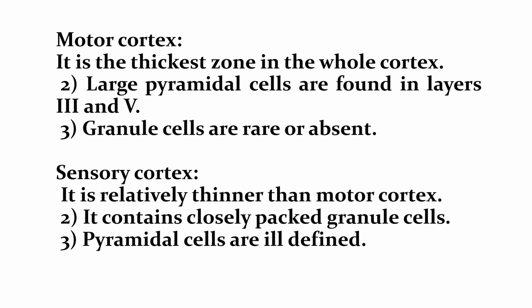Motor cortex is the thickest zone in the whole cortex, containing large pyramidal cells which are found in layers 3 and 5, and granule cells but very rare or maybe absent. As regards sensory cortex, it is relatively thinner than motor cortex. It contains closely packed granule cells present in large number, and the pyramidal cells are very few and ill-defined.